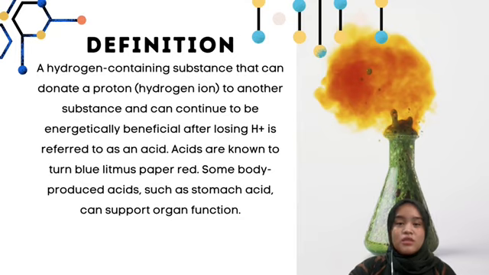Acids are known to turn blue litmus paper red. The higher the concentration of hydrogen ions produced by an acid, the higher its acidity and the lower the pH of the solution. Some body-produced acids, such as stomach acids, can support organ function.